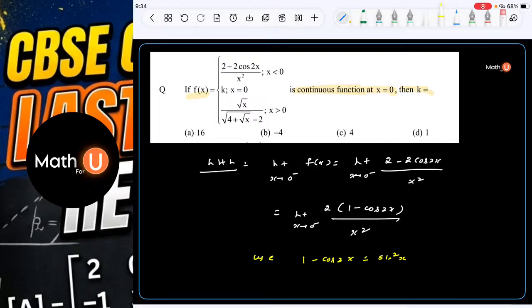Then substitute in the function. What value do we get? 2 is the constant, take 2 common, limit x tends to 0 minus.